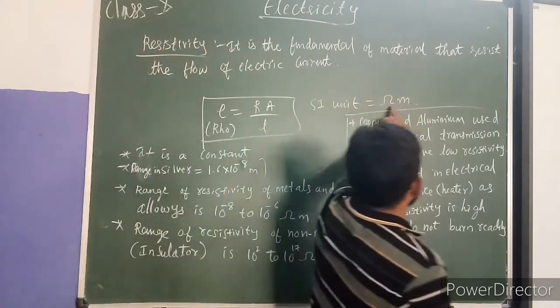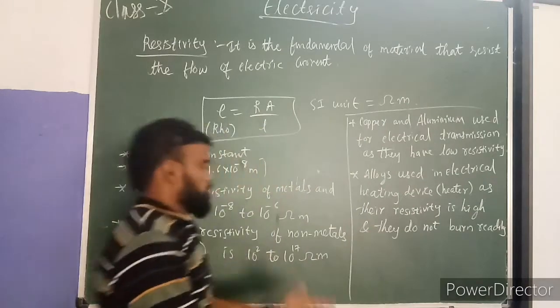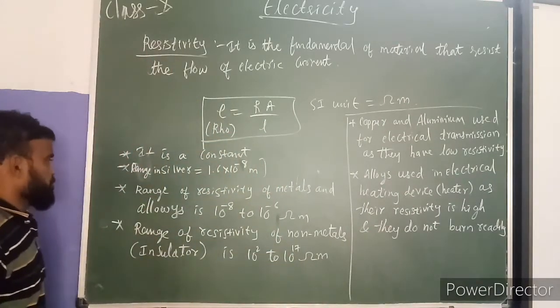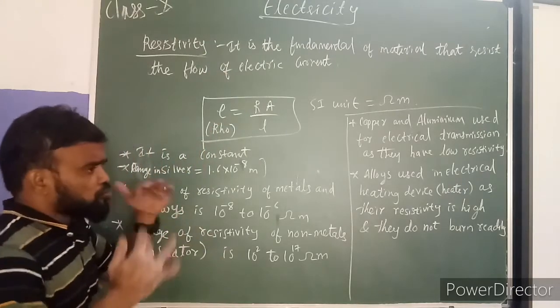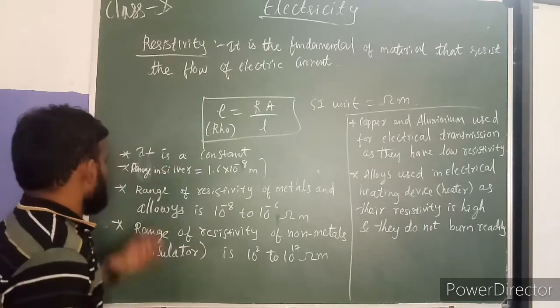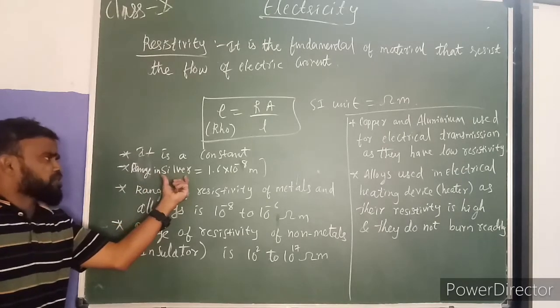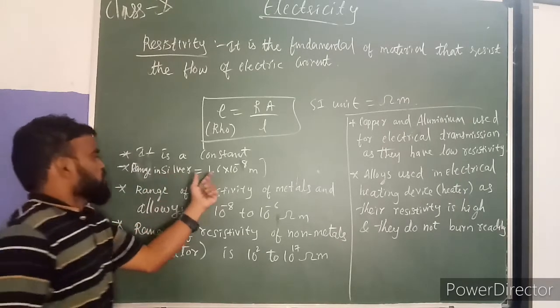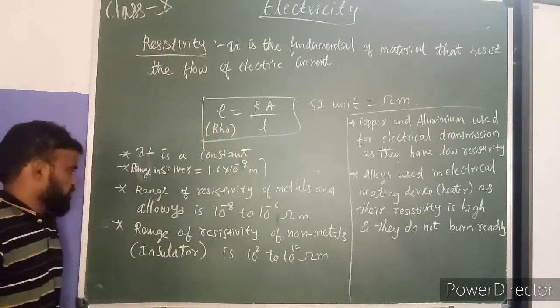The SI unit of resistivity is ohm meter. It is a constant for a material. For silver, the resistivity is about 1.6 into 10 to the power of -8 ohm meter, which is a general value.